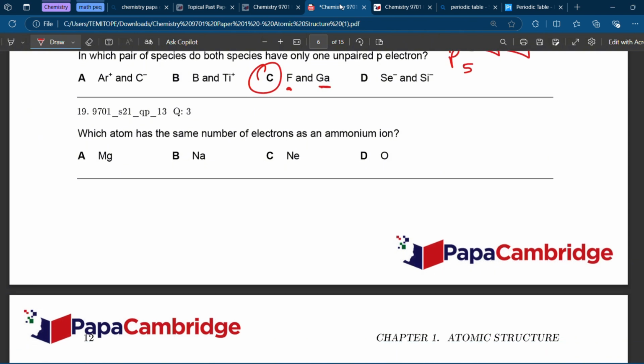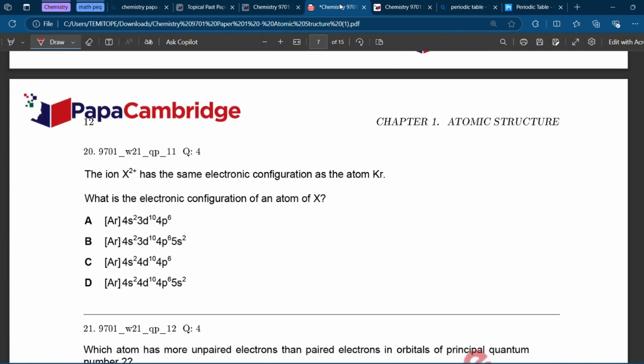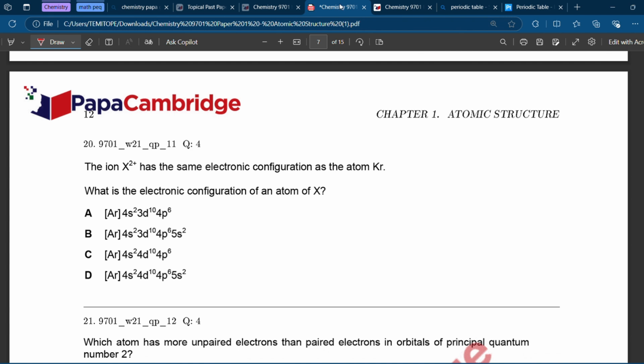Looking at the periodic table, starting from this block, we have p elements: p1, p2, p3, p4, p5. So a p5 will be all these elements here. Now we go back to the question. Only one unpaired, so which one belongs in that group?